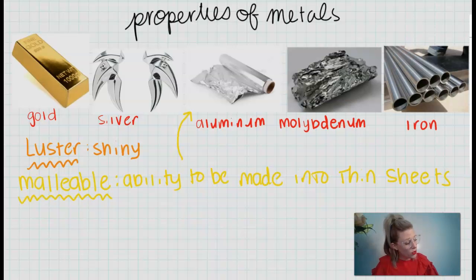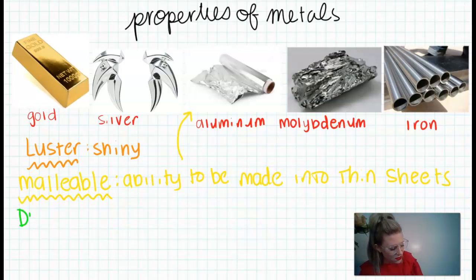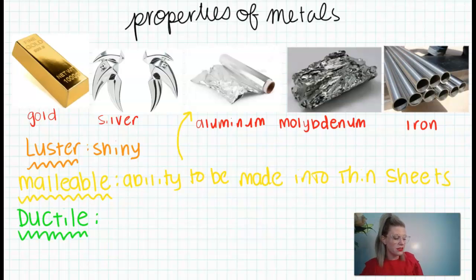The next term, which maybe some of us are familiar with and some of us aren't, is ductile. That term of ductility, or of being ductile, indicates that we can make wires out of it. So ductile means that it can be formed into wires.